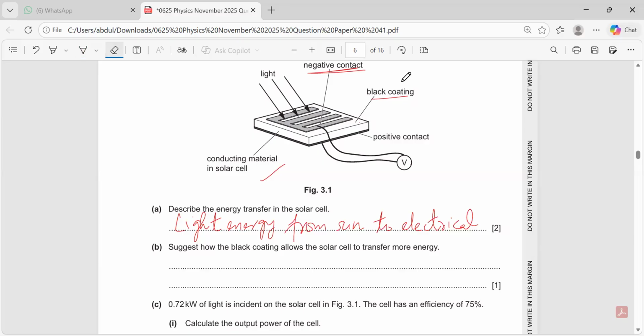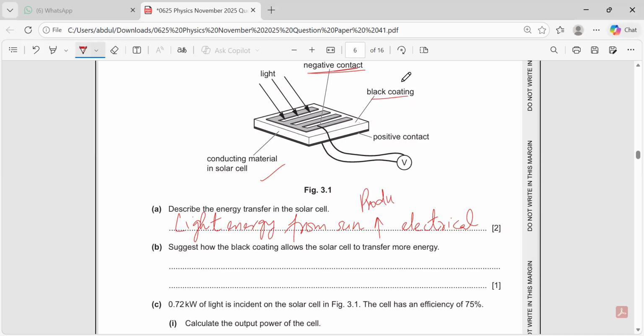Or better, we can write light energy from the sun produces electrical energy. Better. Produces electrical energy. That's okay.